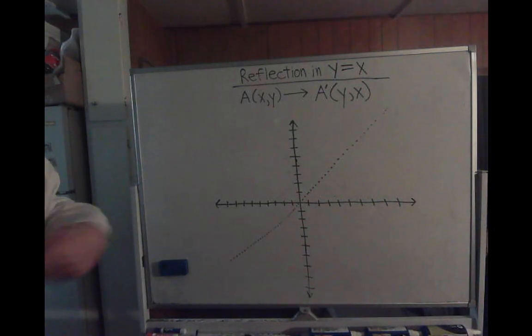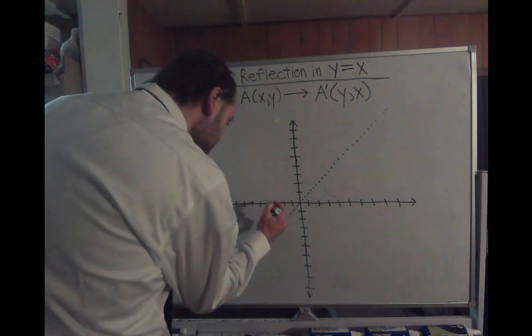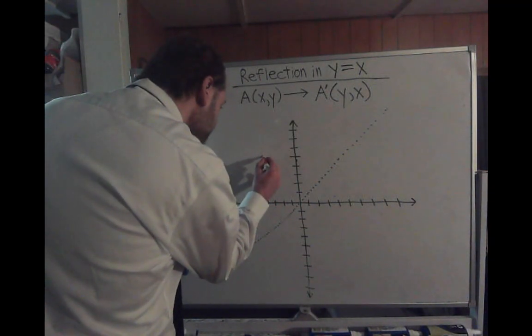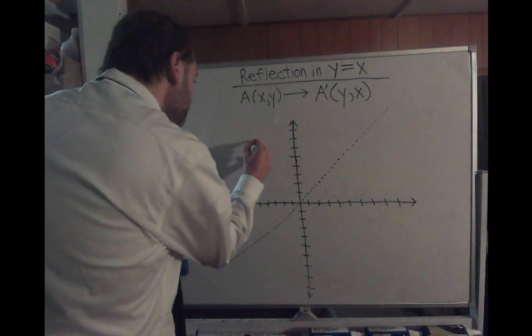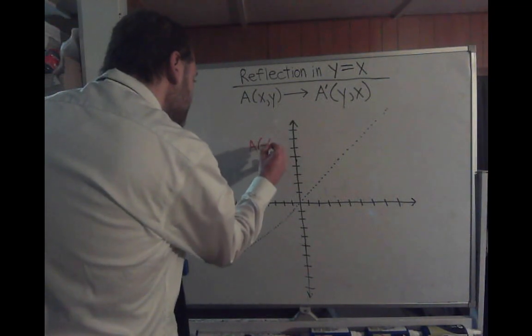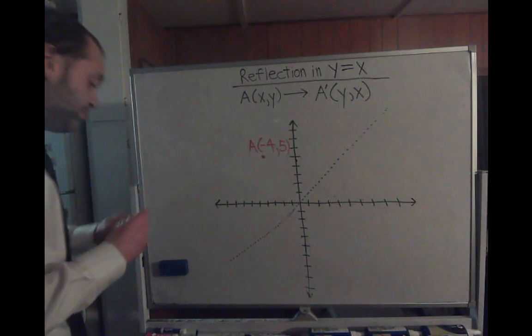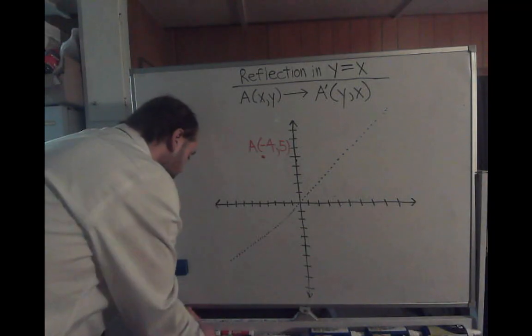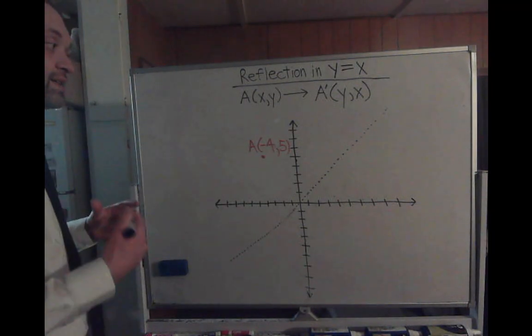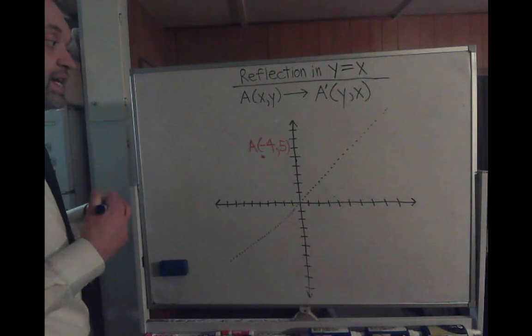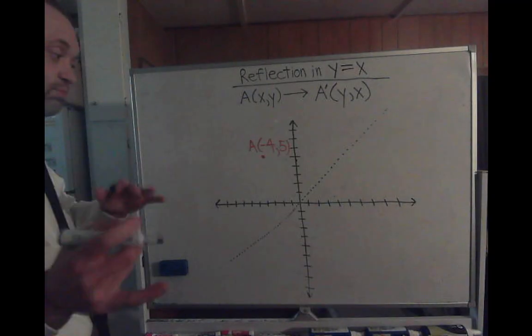So let's do this again. You have a point A which is located at (-4, 5). We want to find A prime by reflecting it in the line y = x. To do so, you're just going to take your x and y coordinates and switch places with them.